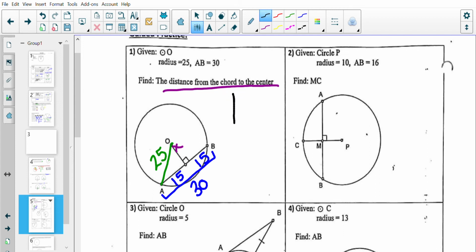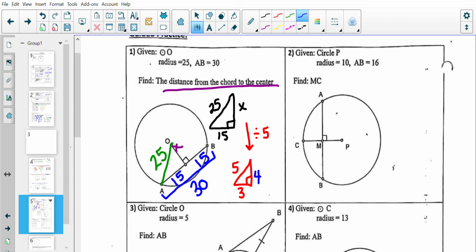But if I take this 15, 25, and I divide this triangle, I'm going to reduce this triangle by dividing by 5. I'm going to get a new smaller triangle, and it's going to be a 3 and a 5. And this is a triple. It's a 3, 4, 5.